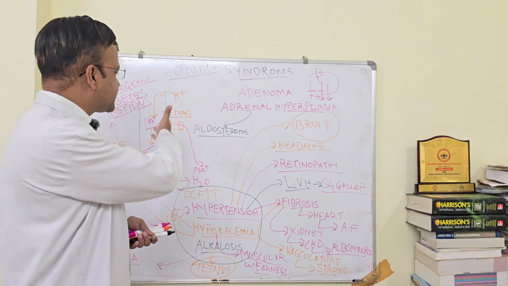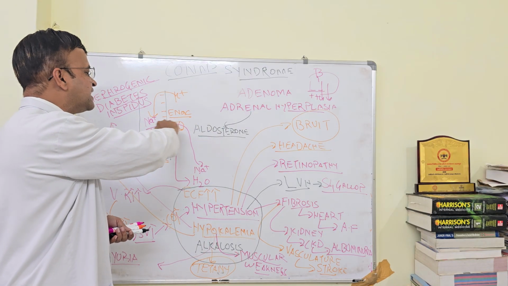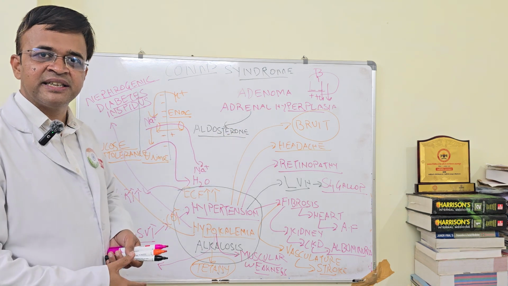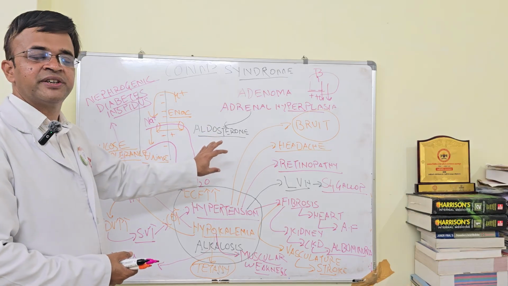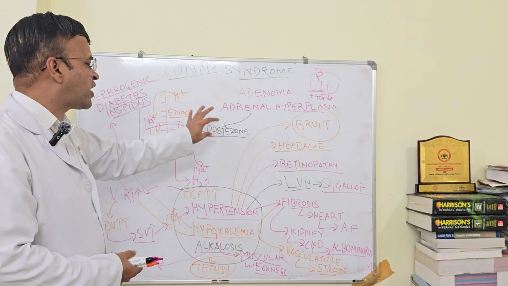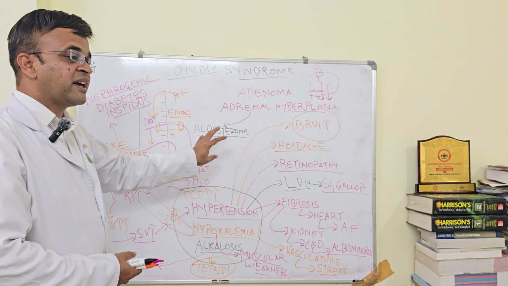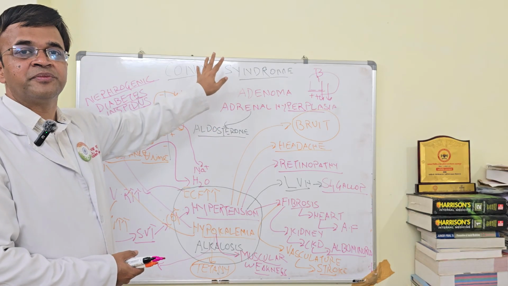Now apply your own logic. Here aldosterone is acting on the ENaC channels, and the ENaC channels are perfectly normal. So any drug which reduces the quantity of aldosterone will show improvement in Conn's syndrome.